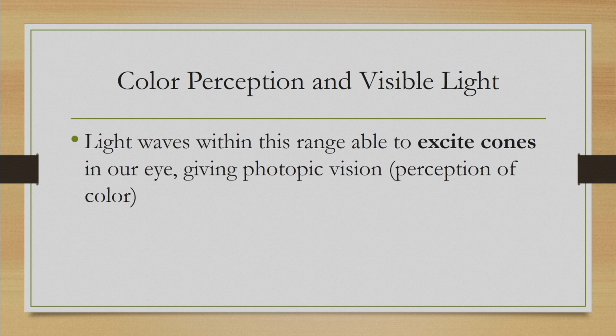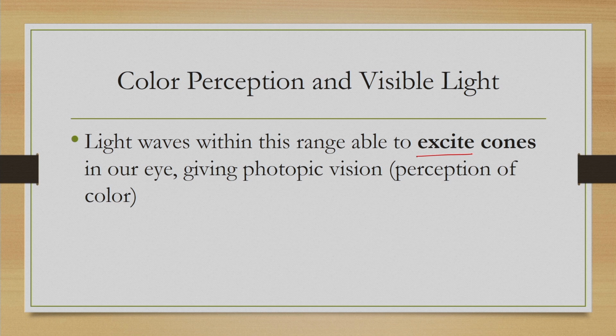Now, why are we calling it visible light? Because there are light waves with frequencies that are outside this range also, but we are not calling that part of visible light. That is for one simple reason: the frequencies that are present in the visible light spectrum are able to excite the cones in our eye, giving photopic vision or the perception of color.